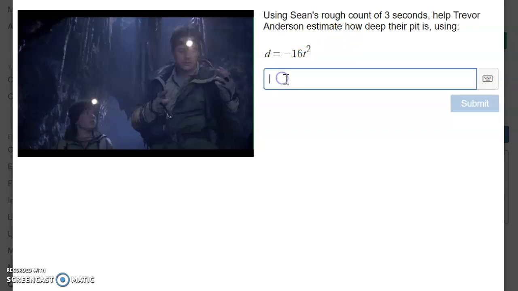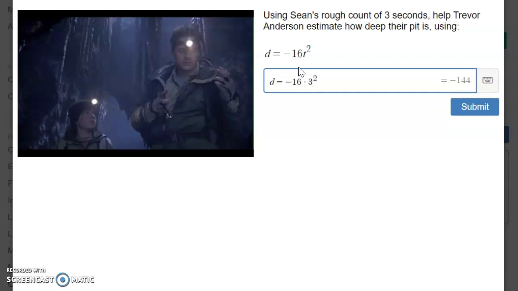So that is negative 16 times 3 squared, which is 9 times negative 16. That's going to be negative 144 feet.